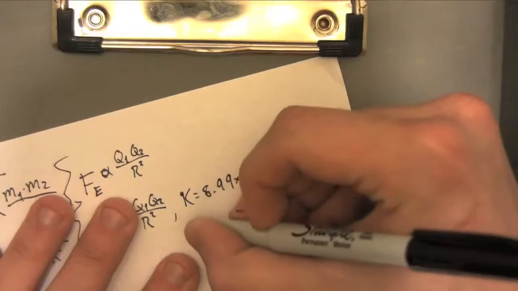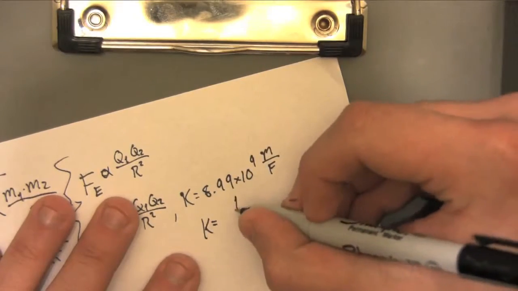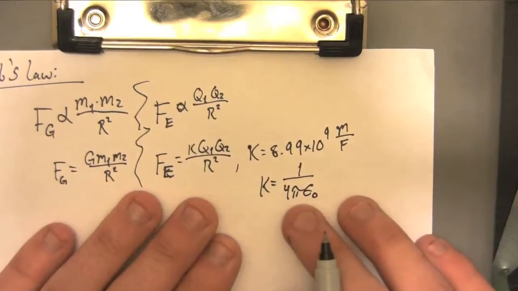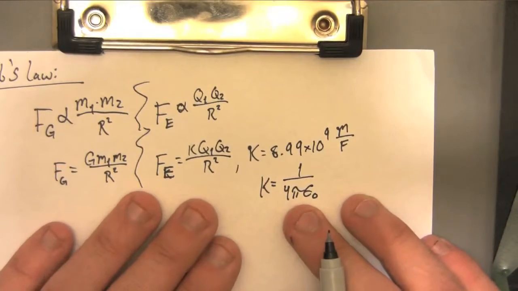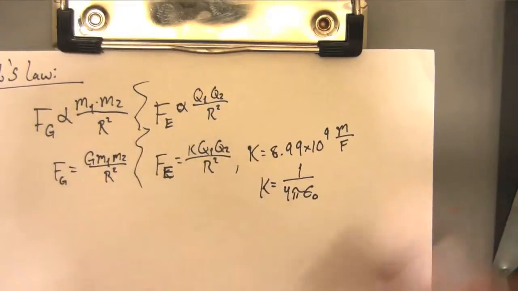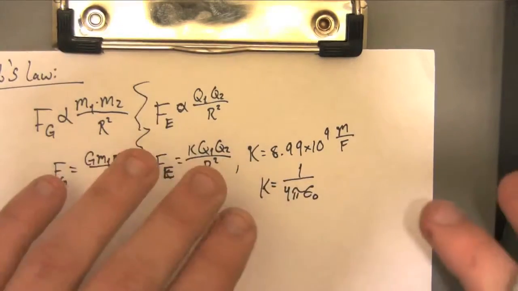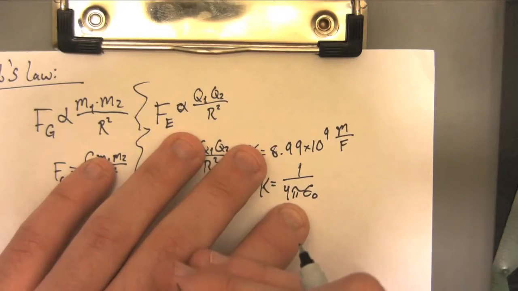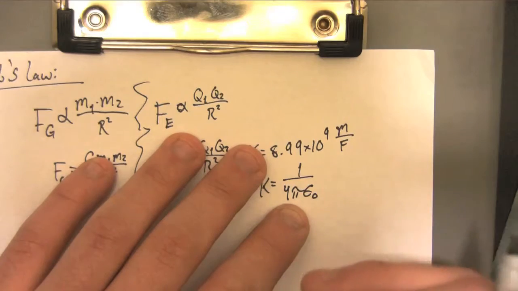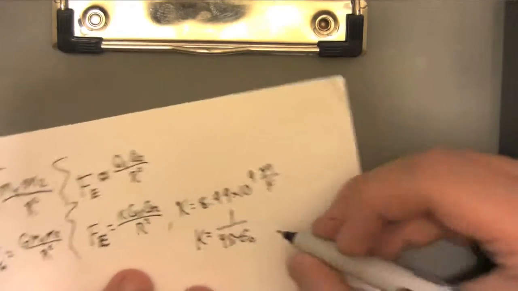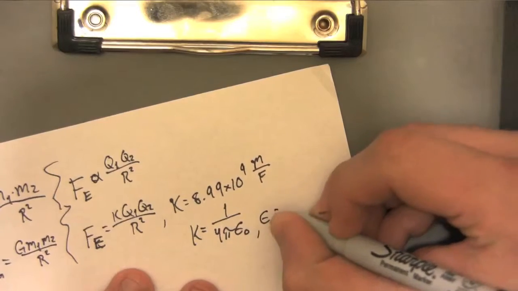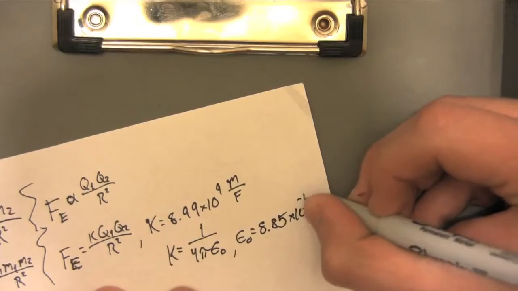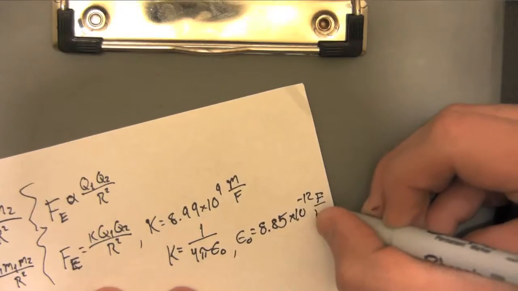Let me just write it down real quick, and then we'll talk about it. K is equal to 1 over 4 pi epsilon naught, where in this case pi is still your 3.14159, etc. Your epsilon naught is a new constant. We're going to call it the permittivity of free space, in which it holds the value 8.85 times 10 to the negative 12th farads per meter.